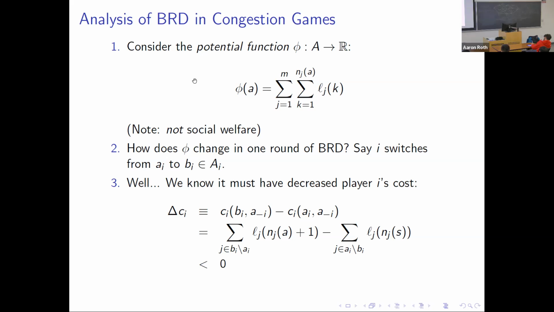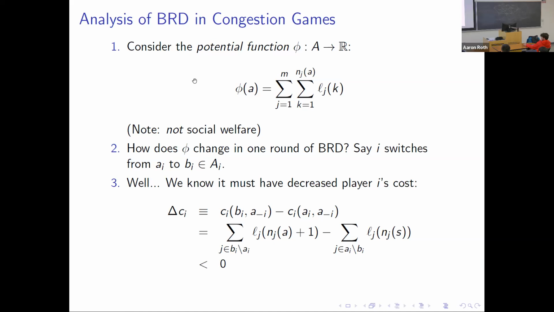So first of all, if I look at any facility that I play on, both in my new action BI and in my old action AI, it contributes exactly the same amount to my cost, both before and after my switch, because nothing's changed. I still play on that facility.